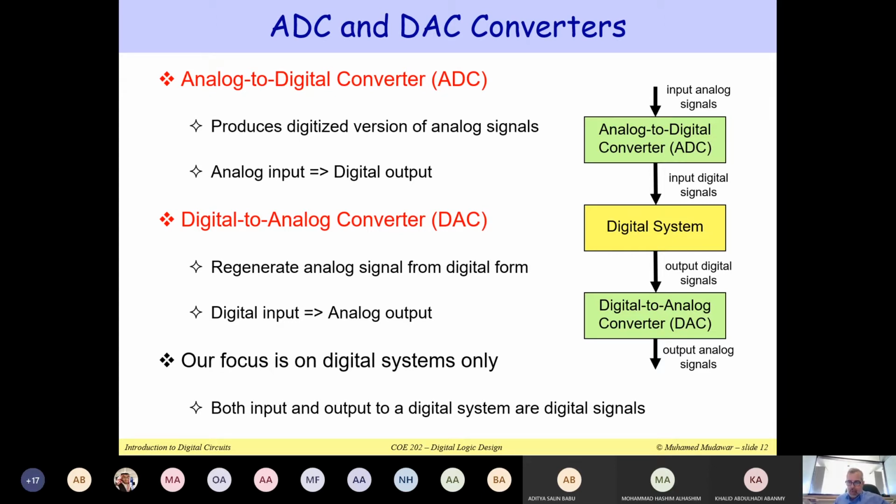In our case, our focus will be on digital circuits and digital systems. We are not dealing here with analog circuits or analog signals. So we understand the scope of this course: everything that we are talking about is digital systems and digital logic design.